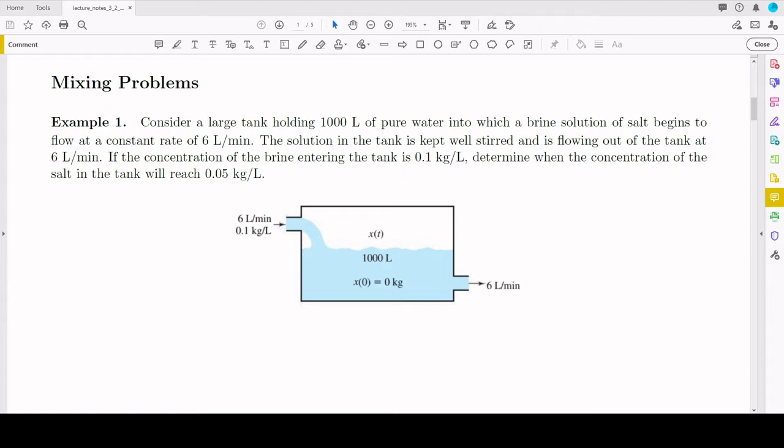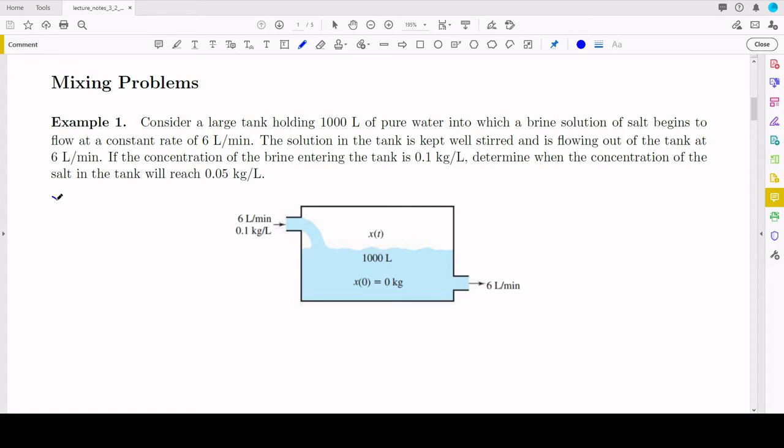If the concentration of the brine entering the tank is 0.1 kilograms per liter, determine when the concentration of salt in the tank will reach 0.05 kilograms per liter. Okay, that's a lot of information. But let's try to break this down step by step.